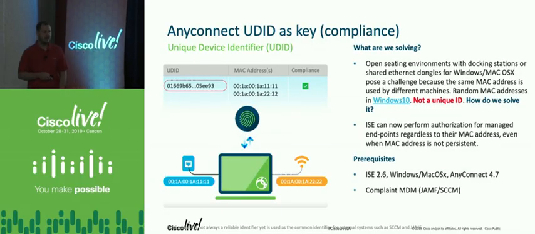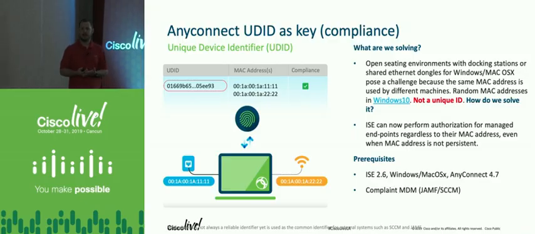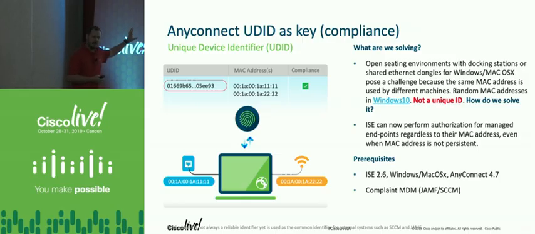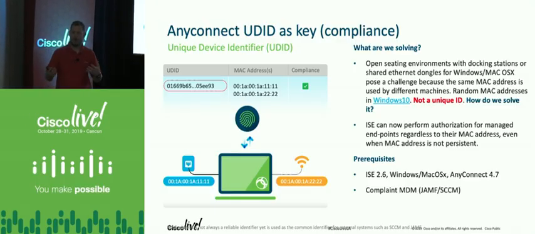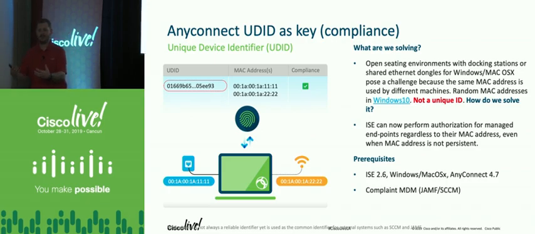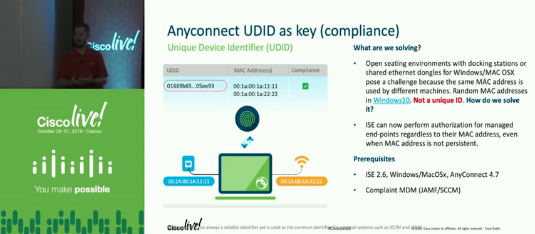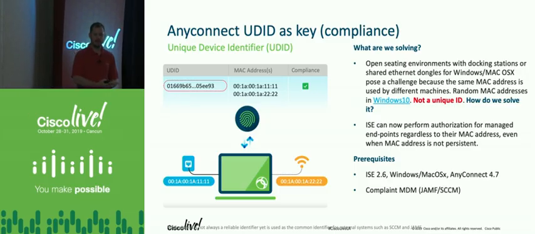The other thing that came up was for posture. One of the use cases that we ran into a couple times was if I have a machine and it has multiple network interfaces, it's going to have multiple MAC addresses. Well, ISE uses session ID and MAC address as a key to do things like posture, web redirect, other services.